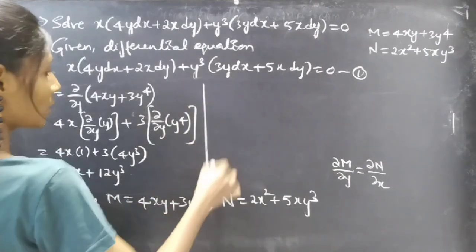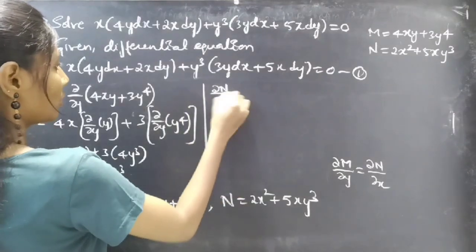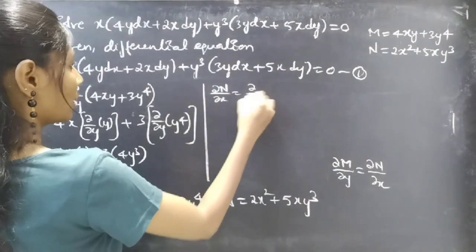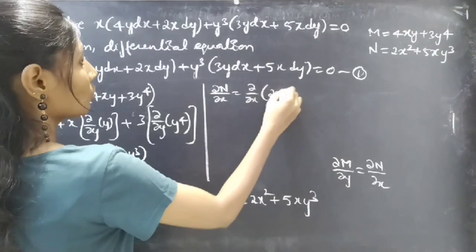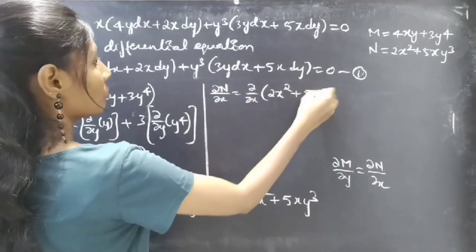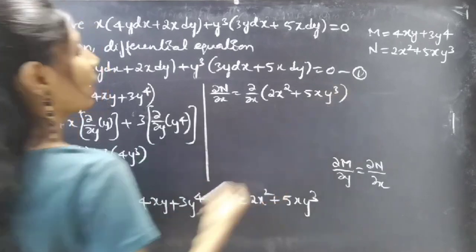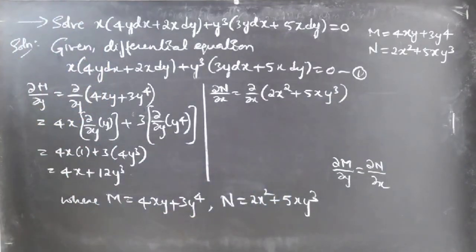Let's now find partial derivative of N with respect to x. This is equal to dou by dou x of N, 2x square plus 5xy cube, right?